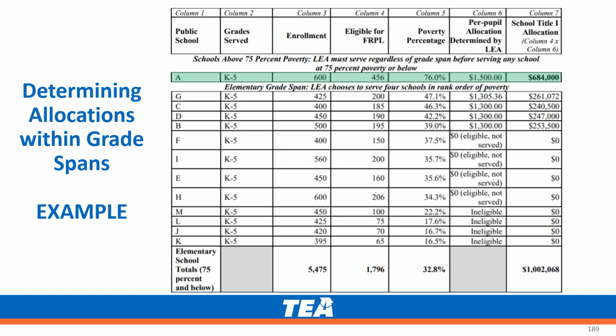In the elementary grade span, the LEA allocates Title I funds in rank order of poverty to 4 campuses only. Although there are 8 campuses eligible, the LEA has chosen to only serve the 4 elementary campuses with the highest poverty percentage in the elementary grade span.